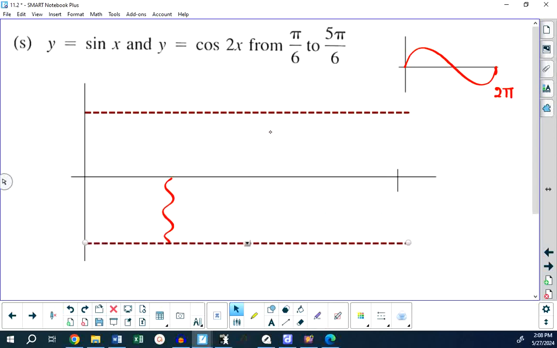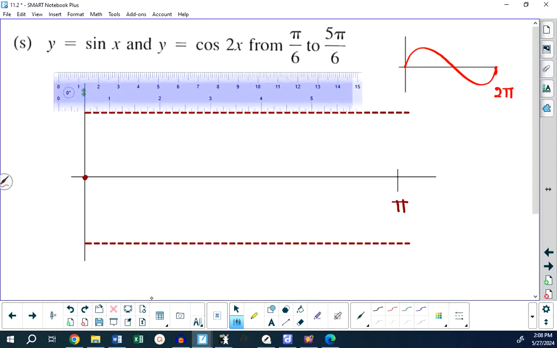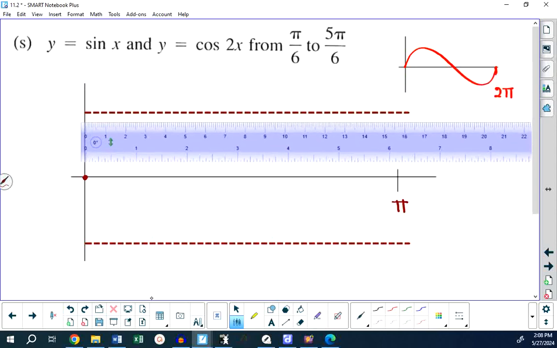So since this is pi, and I'm only going to pi here, Craig, because this is between pi over 6 and 5 pi over 6. Since that goes up to pi, and this graph in the top right corner goes up to 2 pi, what this graph will look like is it will go up from the origin, it will max halfway in between, and because I can, I'm going to put a ruler down.